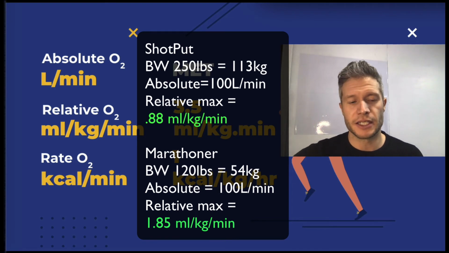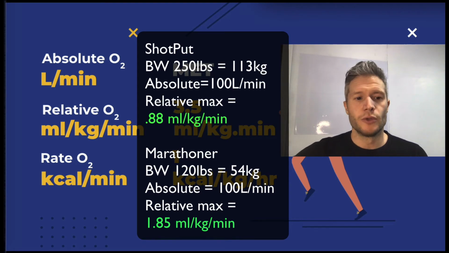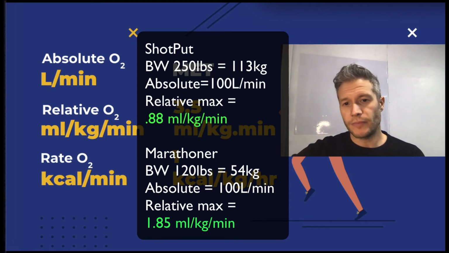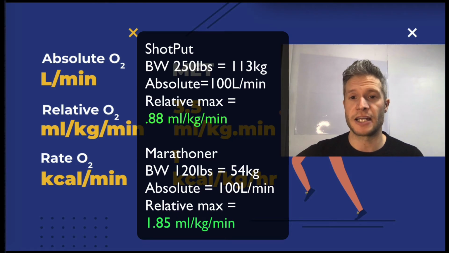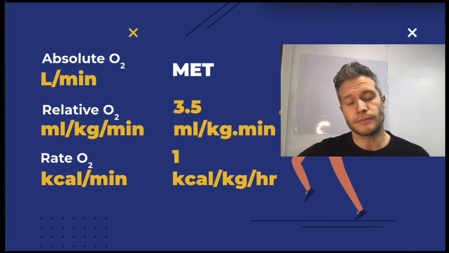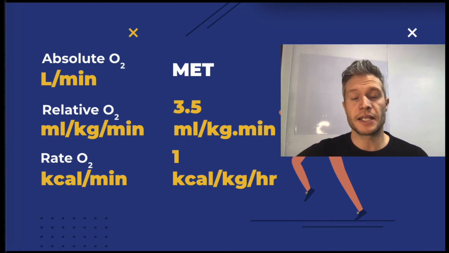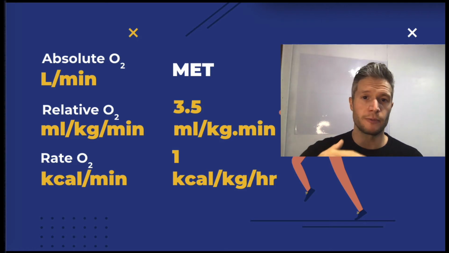So again, as an example, if the absolute O2 of the shot putter is 100, the marathoner is 100, but weighs much less. Relatively speaking, they have a better cardiovascular capacity to do work, right? So that has to do directly with volume of oxygen, absolutely and relatively.